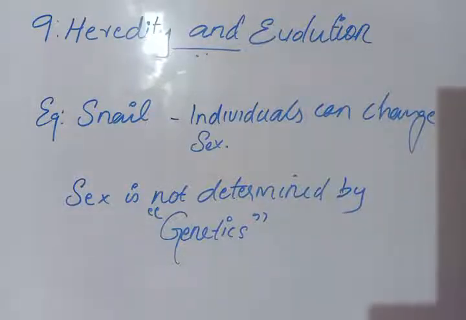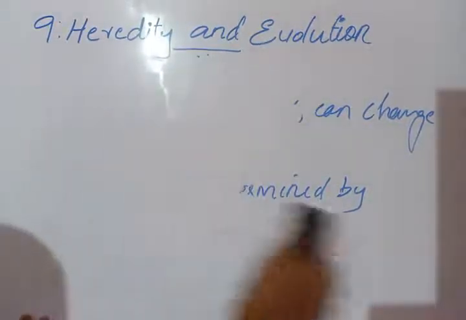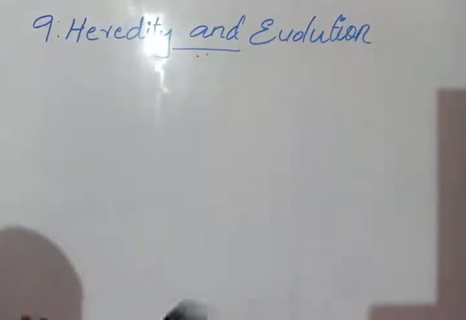So these are about our chapter 9, hereditary and evolution. Okay, so I hope you all get all the important points. You may prepare your notes and everything. What you want to do is just go through the chapter thoroughly.